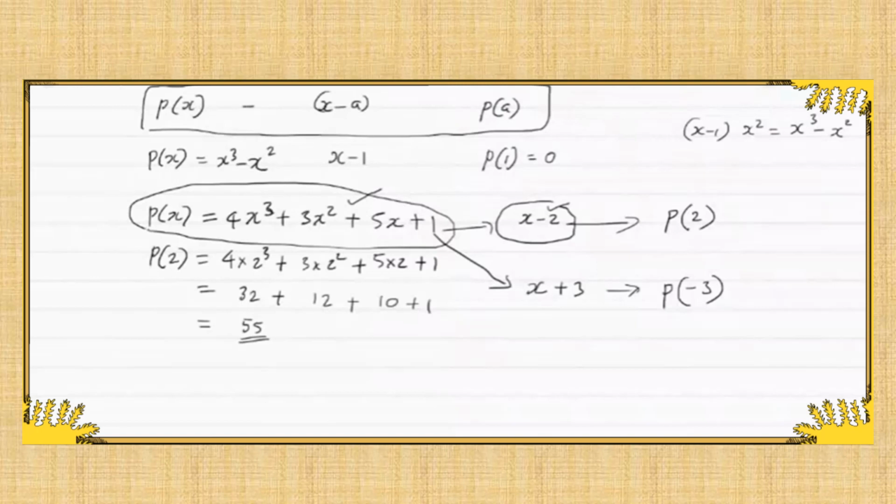The theorem says so. The theorem says that if P of x is divided by x minus a, the remainder is P of a, so we have to take the opposite sign. So here P of minus 3 will be the remainder. Okay, I hope you got the idea of the remainder theorem.